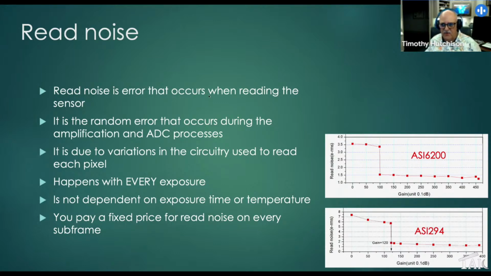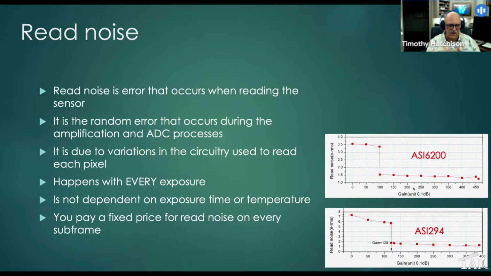Now, the manufacturers typically publish a graph or a chart like this. And again, I've chosen a couple of samples that show the change in read noise with the gain of the sensor. Now, in CMOS cameras, if we think back, we had that one little green triangle down on the bottom right-hand side. That one little green triangle had a gain input into it.